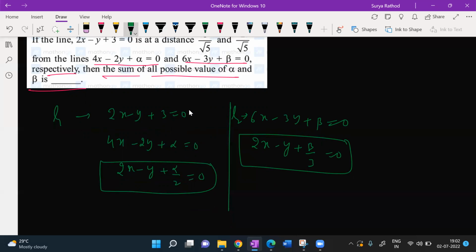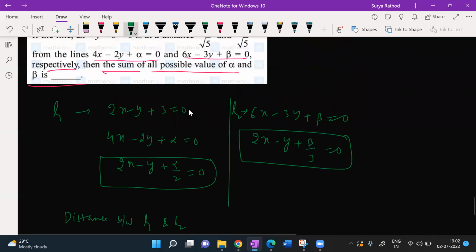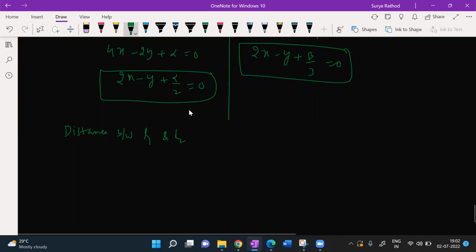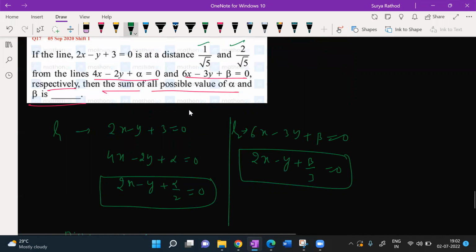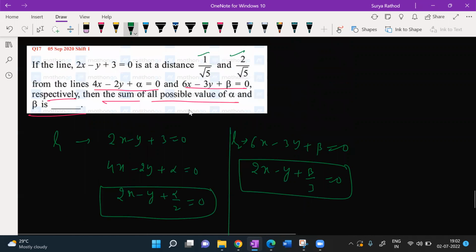Okay, so from these two lines, can I now find the distance between line 1 and line 2? What is the distance between line 1 and line 2? Guys, in total we have 3 lines here.